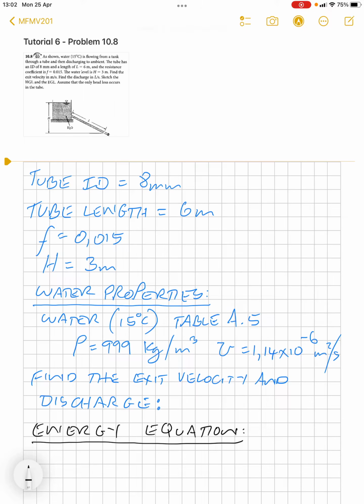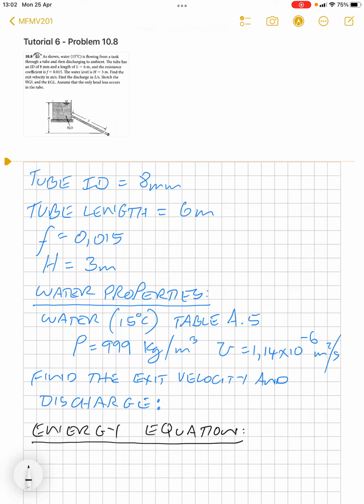So what I've done so far is I've written down all the information given to us: the tube inside diameter, the tube length, which is 6 meters, the friction coefficient, that's between the pipe and the water flowing in it, 0.015, and the total height of the water level above the exit, which is 3 meters.